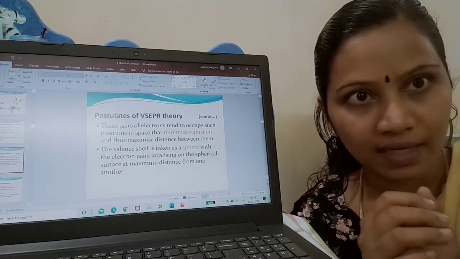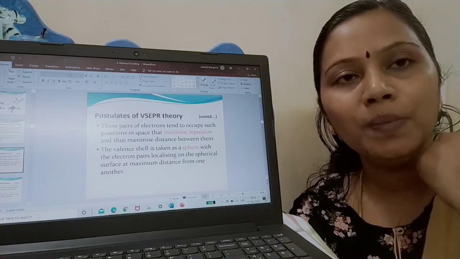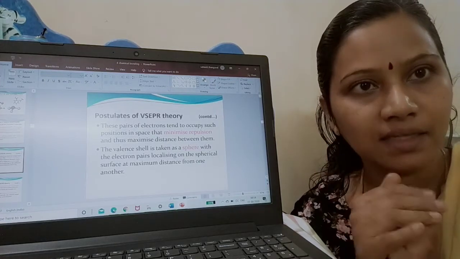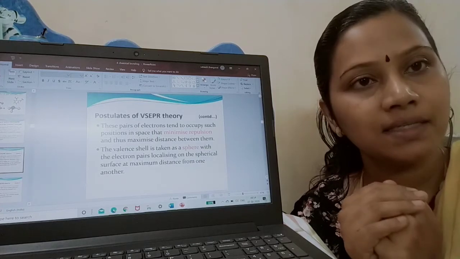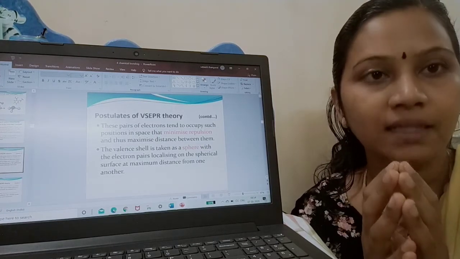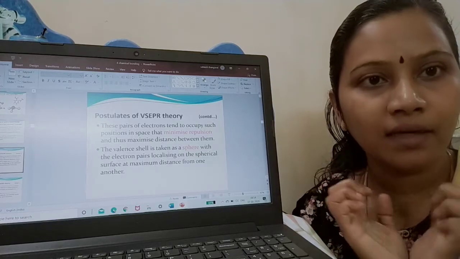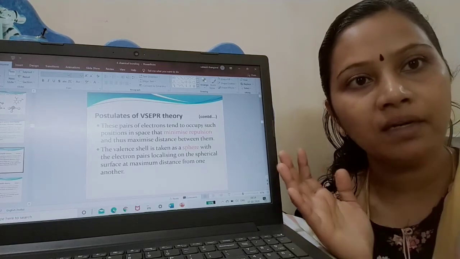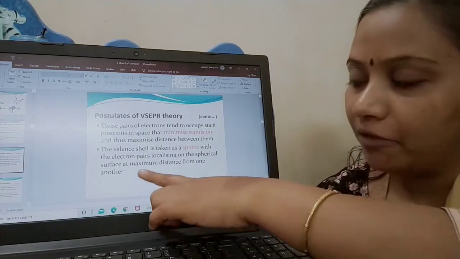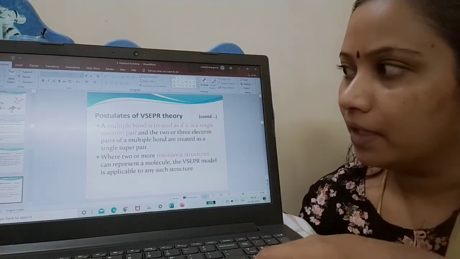Because they all are negatively charged. In order to minimize the repulsion, they started maximizing the distance between them. As a result, the repulsion is reduced. If you consider the valence shell as a sphere, the electron pairs located in the sphere will be located with maximum distance in order to avoid the repulsion. So they have maximized the distance from one another.